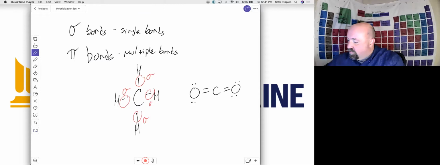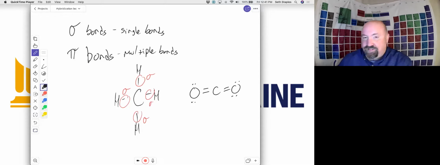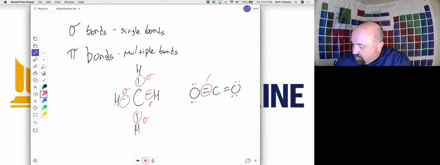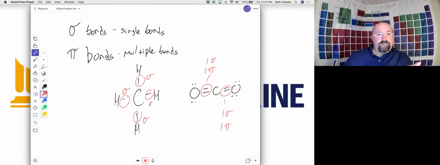There's our Lewis structure for CO2. Each of these double bonds consists of one sigma bond and one pi bond. Same as this one here: one sigma bond and one pi bond.